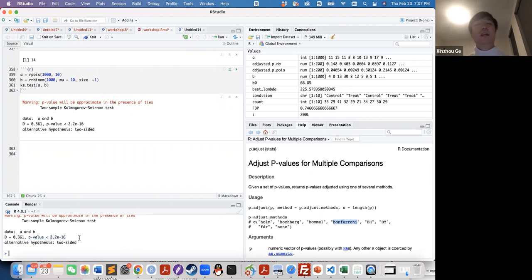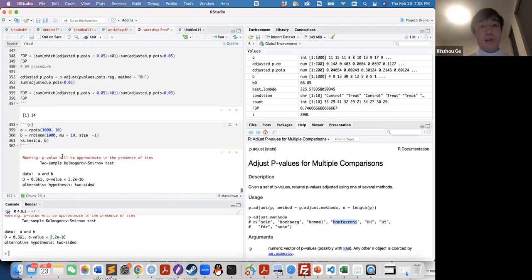So we know that if the two distributions are similar, the p-values from the KS test will be larger. And if two distributions are quite different, then the p-values from the KS test will be very small. So we can use this to test whether two distributions are similar.